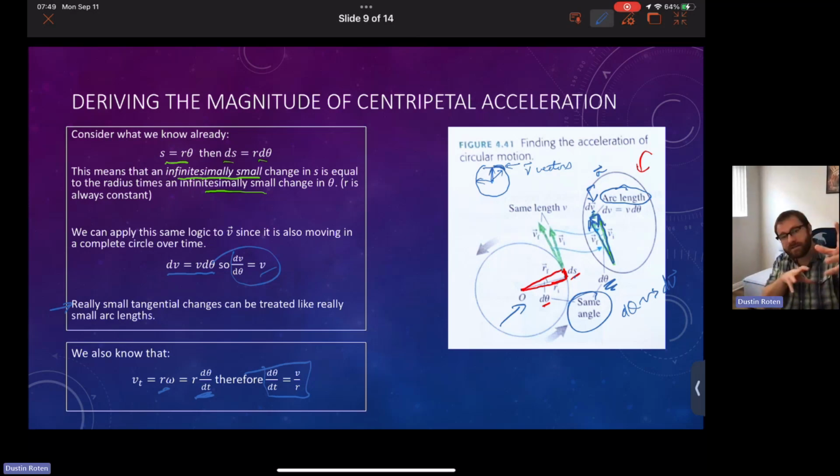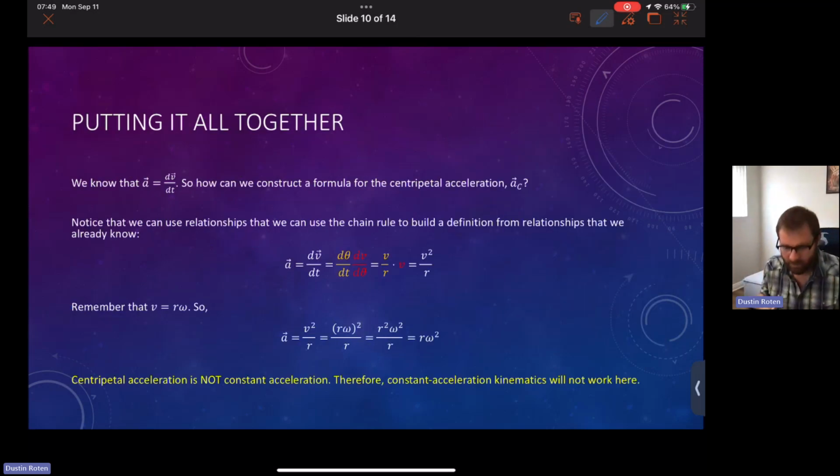Now let's take this thing I've circled and this thing I've boxed here and put this together. Now, we know that alpha, nope, not alpha yet. We know that the acceleration a equals the change in velocity over change in time.